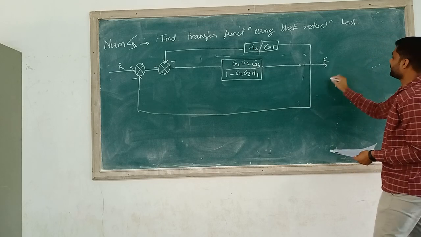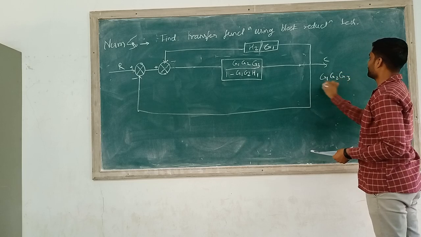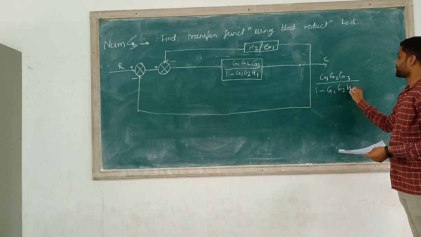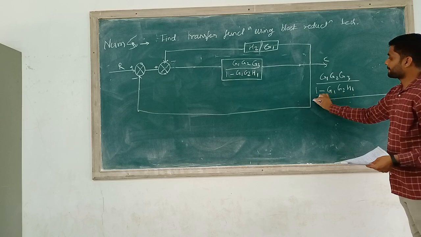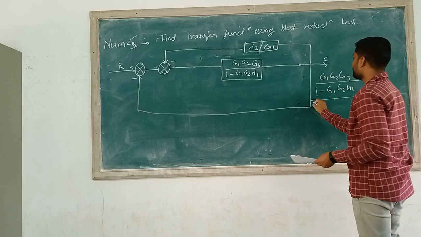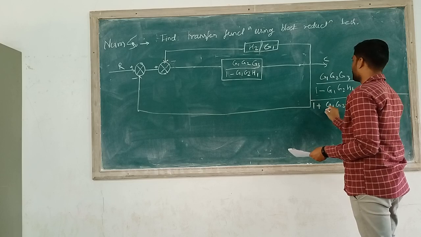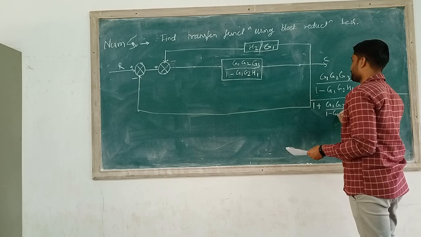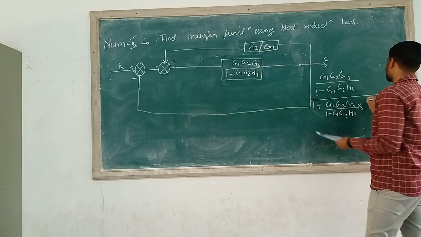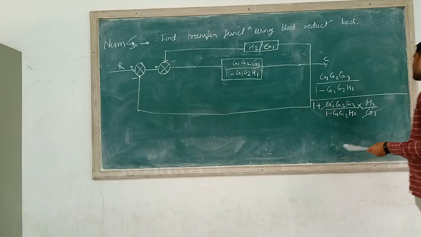This negative feedback loop can be solved as G1, G2, G3 upon 1 minus G1, G2, H1 upon 1 plus, because the feedback loop is negative, so we need to take a value of plus, G1, G2, G3 upon 1 minus G1, G2, H1 multiplied by H2 upon G1. Now this G1 is cancelled with this G1 here.